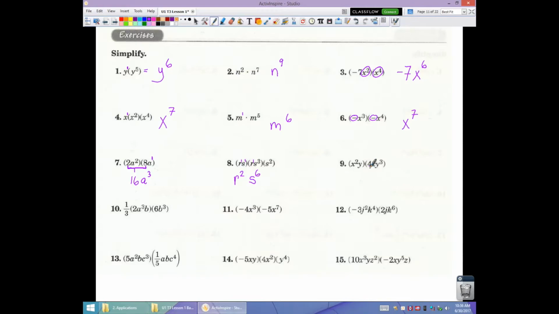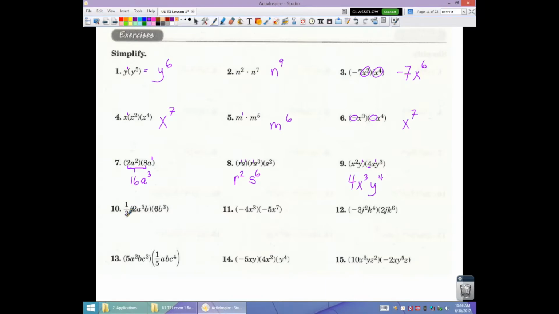Number 9, I have one coefficient, which is a 4. Nothing to multiply that with in front of the other power. So 4, now x squared times x to the 1st is x to the 3rd. Here's y to the 1st times y to the 3rd, y to the 4th. Okay. Number 10, I can multiply all of the coefficients, all of the constants here.